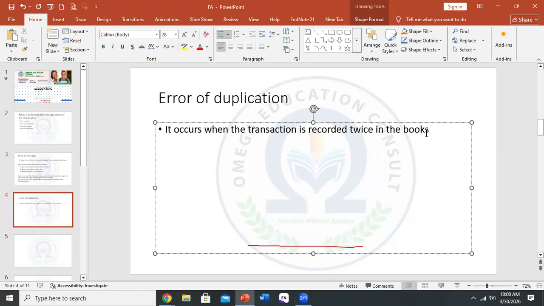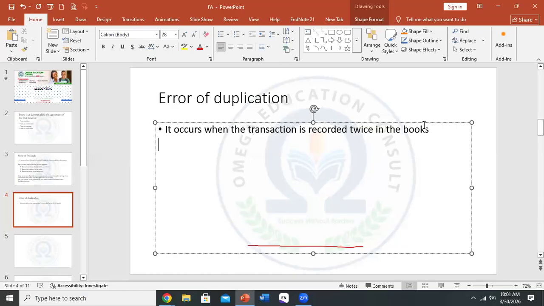Example, goods sold to Ama, 5 million Ghana cedis, was recorded twice in the books. Or sometimes the examiner will say it was debited to Ama twice and credited to the sales account twice. So you'd always see the duplication explicitly stated in the question, right?